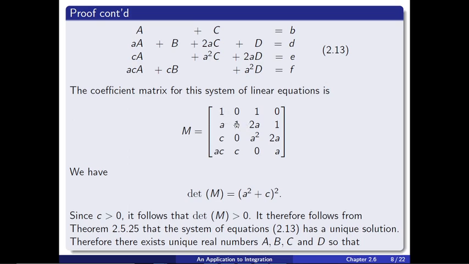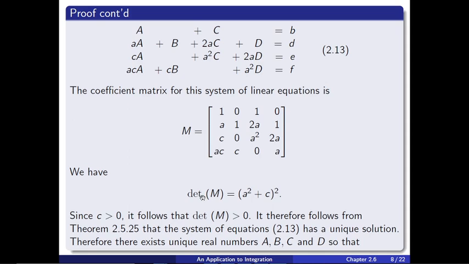So if we calculate the determinant here, we can use the first row because it has 2 zeros, so that should help, or the second column, it has 2 zeros. You'll find out that the determinant of m is equal to a squared plus c times a squared plus c squared, right?